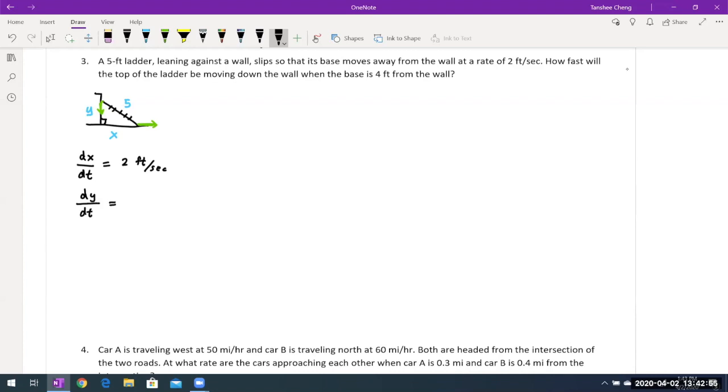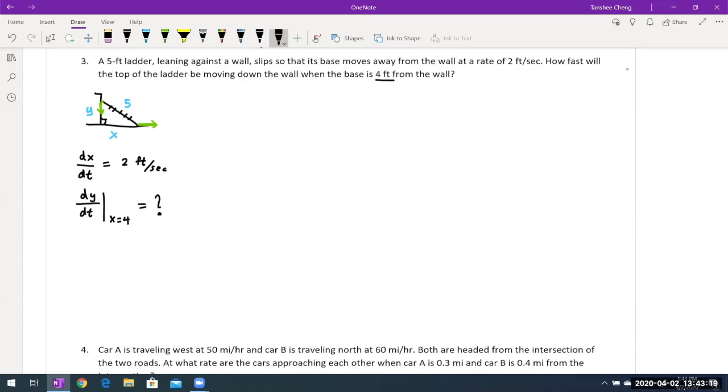At what point? When the base is 4 feet from the wall. So we are not talking about the rate in general, we want a specific rate of change at a point. So this will be when x is equal to 4 feet. Okay.